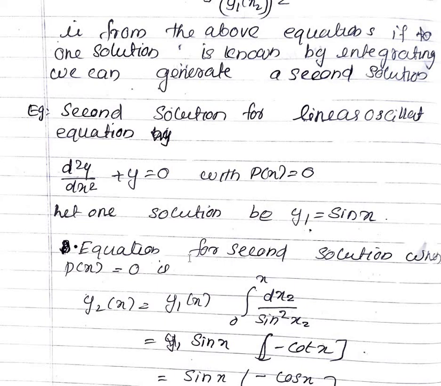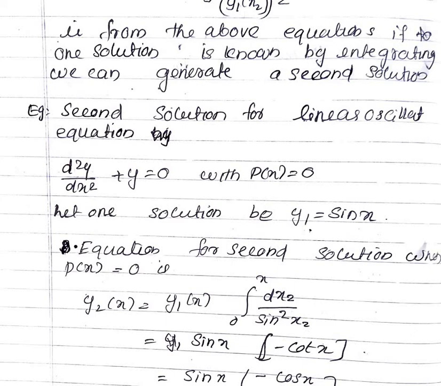For the second solution, when p of x is equal to 0, y2 of x is equal to y1 of x integral 0 to x dx2 divided by y1 square, it is nothing but sin square x2.